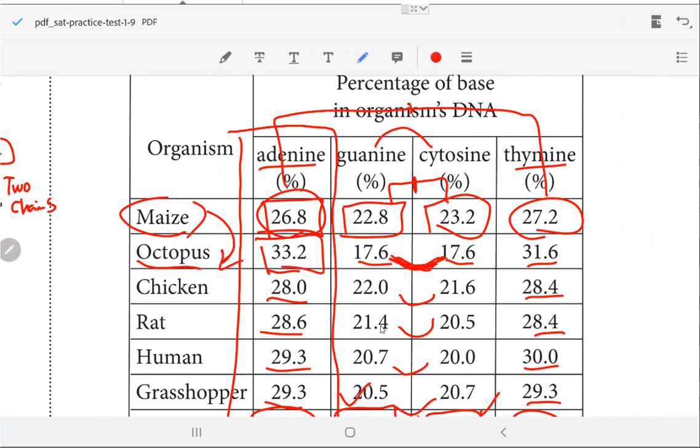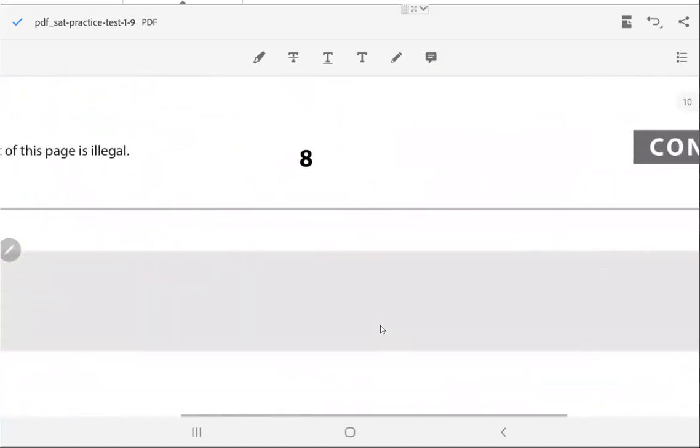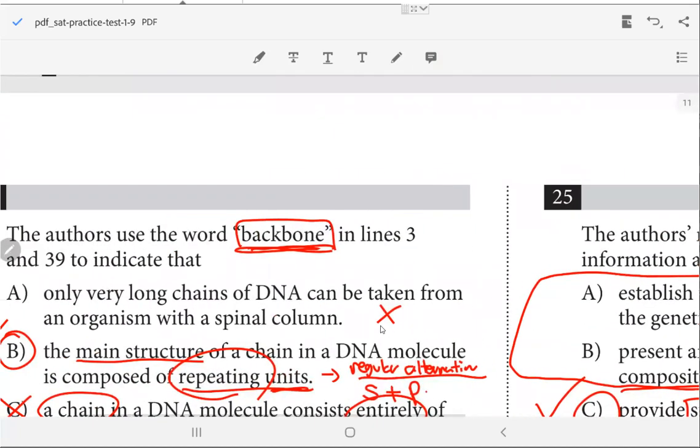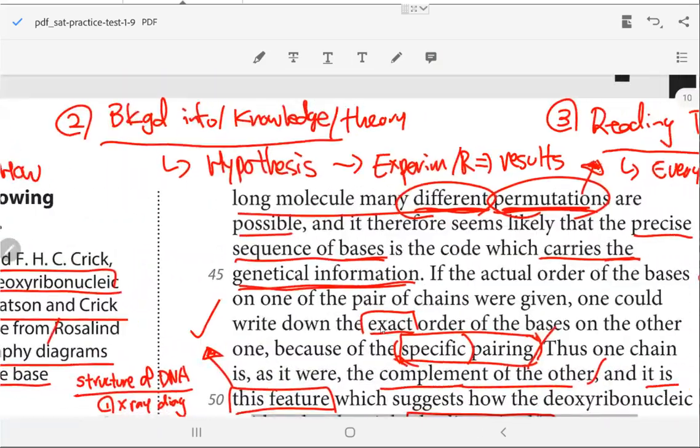Octopus and maize are different. So lines 41 to 45 give us that answer: adenine can vary because it can come in a variety of different arrangements. So it has its own specific genetic information.